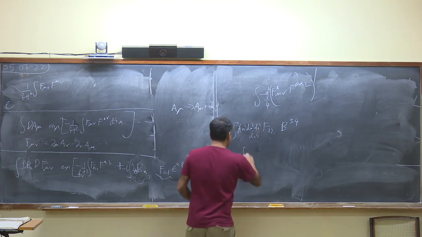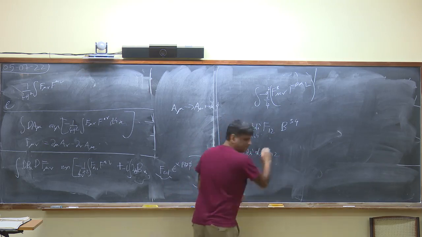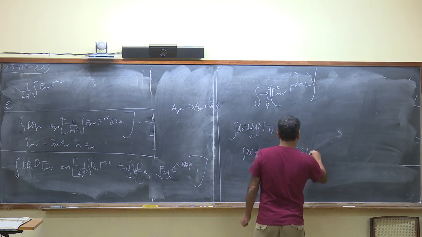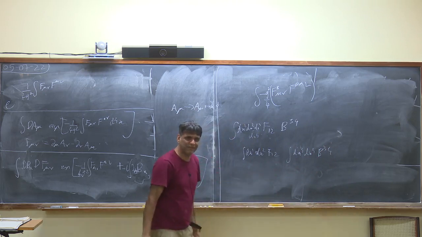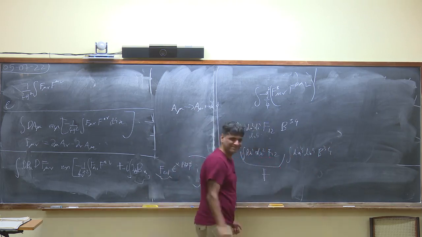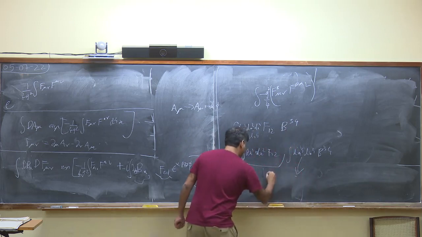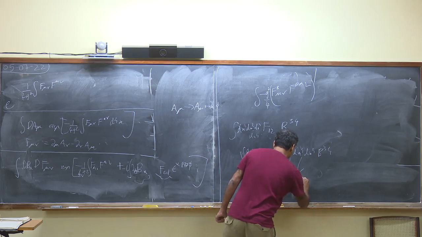We'll write this as dx1 dx2 F12 times dx3 dx4 B34. Both were constants, so we can put whatever integral we want. But this guy was just this flux, and this guy was the other flux. So this is F new, and this is F old.